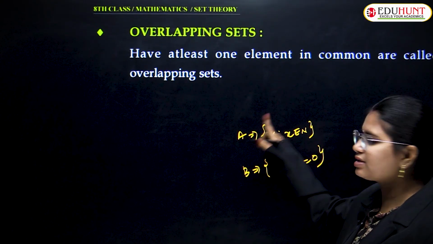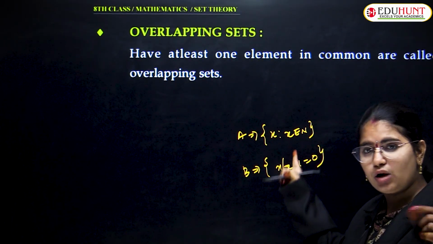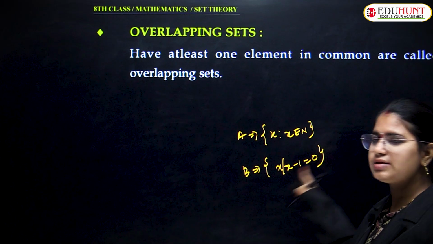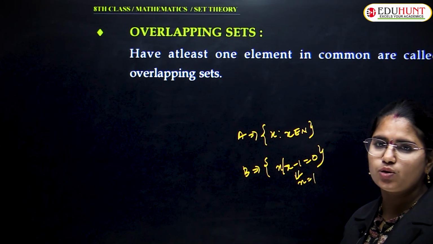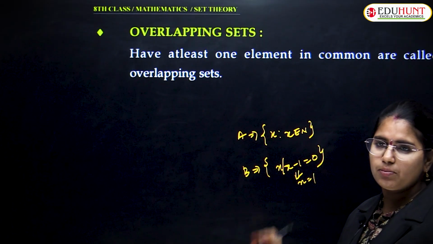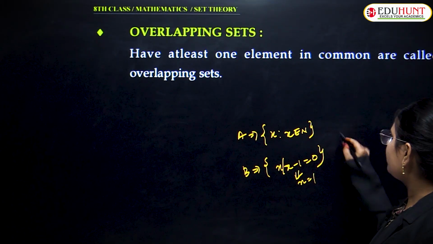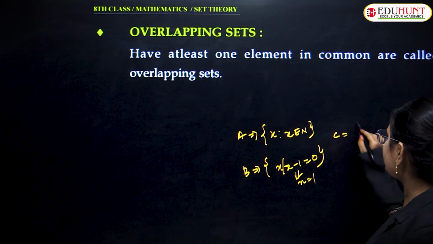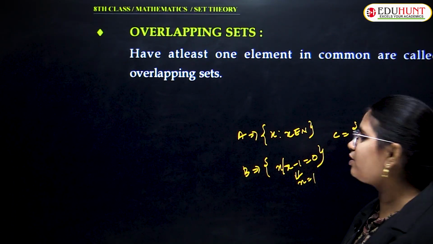What is the intersection element of these both sets? What is x minus 1 equal to 0? That means x is equal to 1. 1 is a natural number and it also satisfies the second property. So here we have C equal to the common element, the intersection element, the overlapping element.